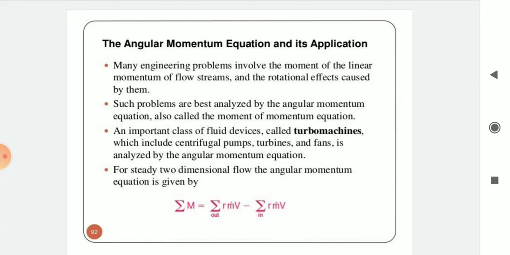An important class of fluid devices called turbo machines, which include centrifugal pumps, turbines and fans, is analyzed by the angular momentum equation. For steady two-dimensional flow, the angular momentum equation is given by summation of M equal to summation out R m v minus summation in R m v.